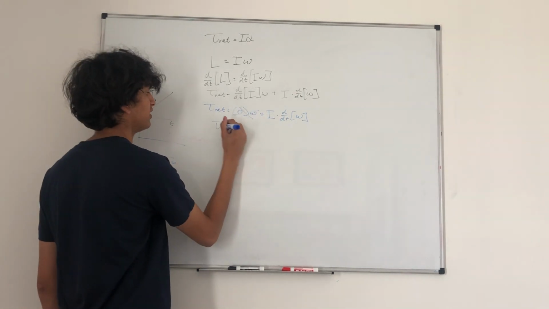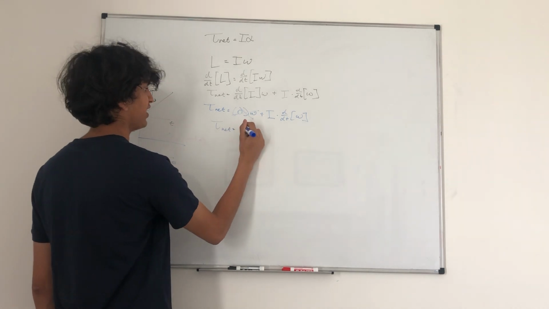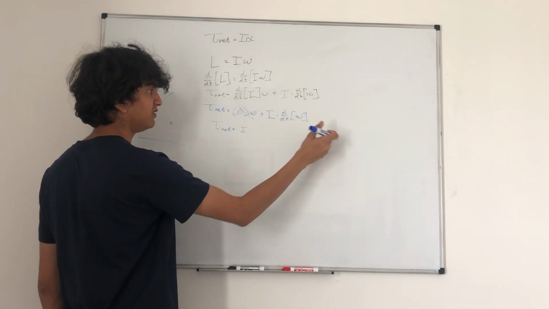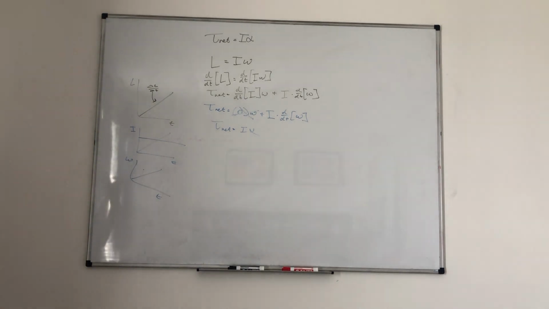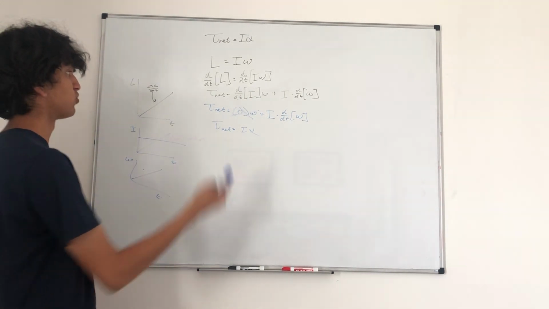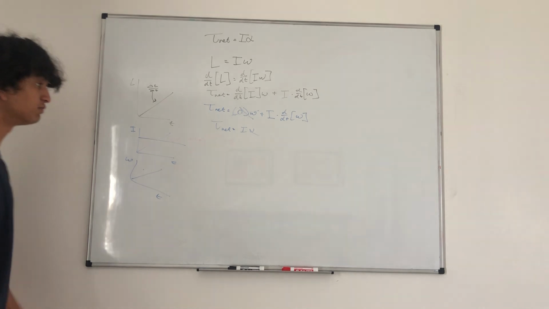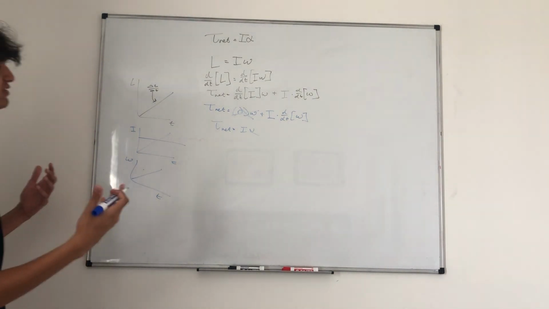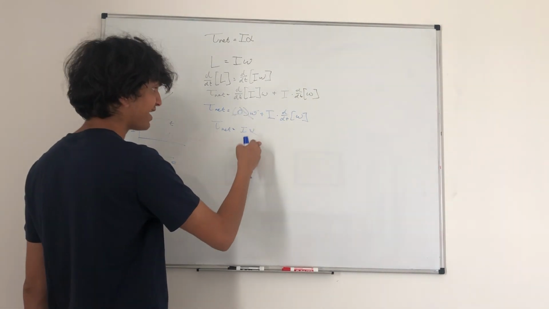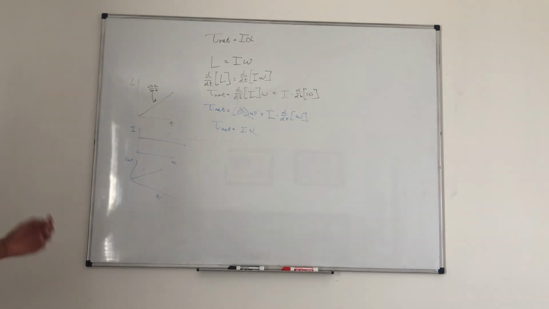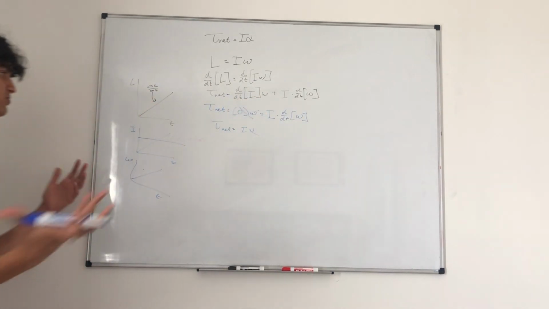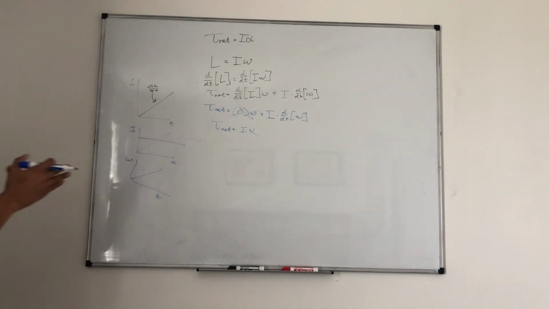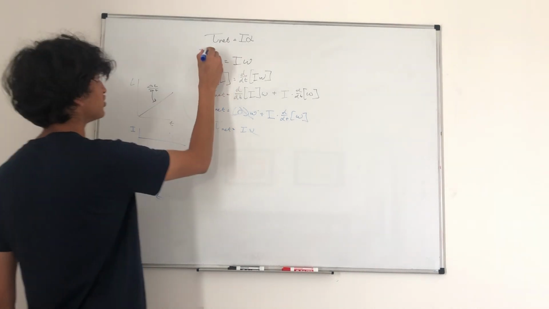So torque net equals I times d over dt of omega, which is alpha. Torque net equals I alpha. This equation comes from the fact that torque net changes angular momentum, but when our rotational inertia is constant, we're left with just I times d omega over dt. We don't have to care about the change in I because there is no change in I. So with calculus, we can figure out that this equation is true.